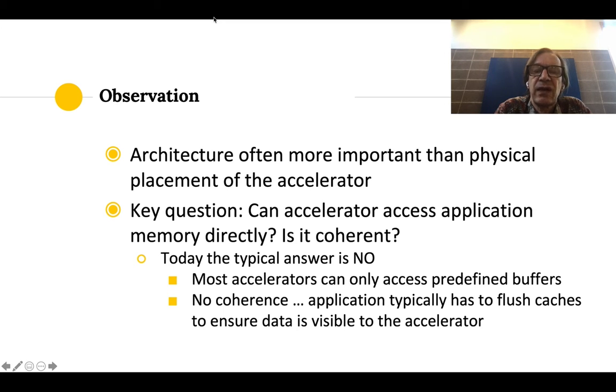And in most cases, the ability of the accelerator to access those buffers is not coherent. So a driver on the host CPU may need to be aware to flush its caches in order to make data visible to the accelerator, for example.